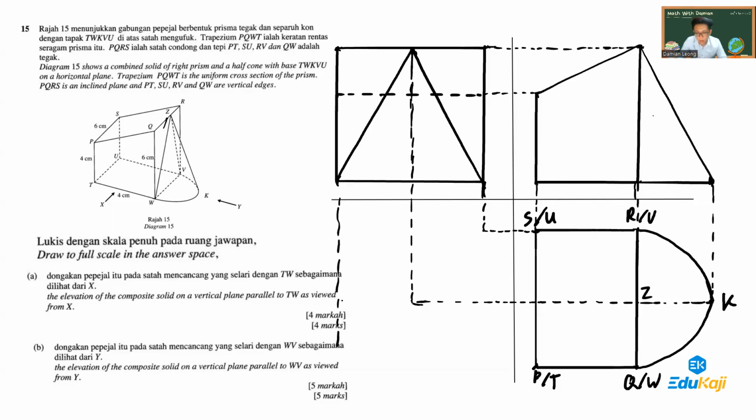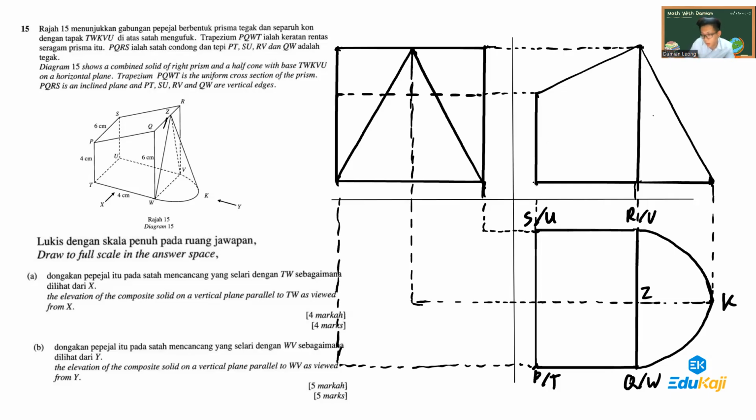Extend here, turn 90 degrees to match with this point. And it should be a diagonal line.